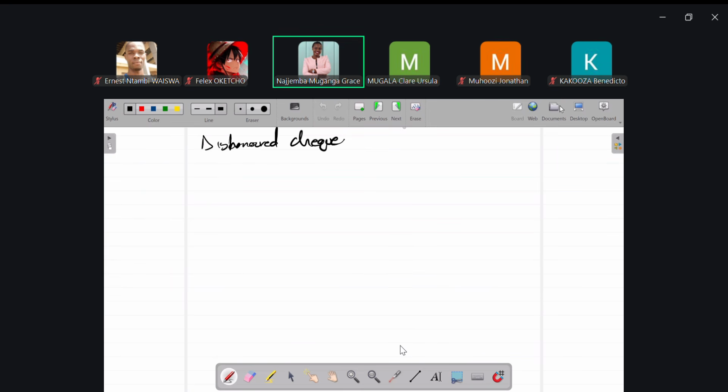Bounced. You've heard of bounced checks? Checks that bounce? Yeah, this one would be in that form. Bounced checks, checks that have not been worked upon by the bank.